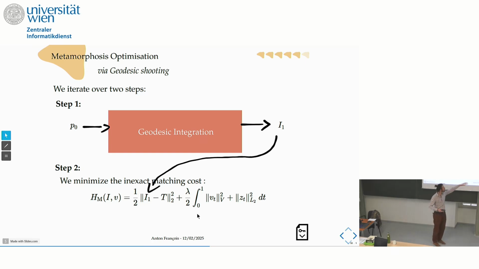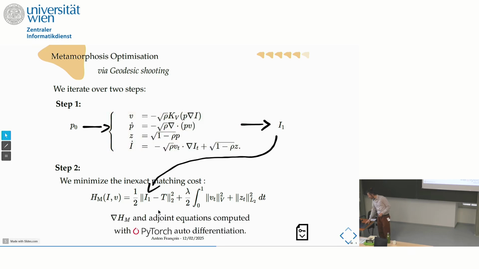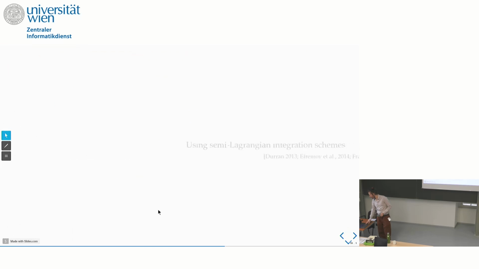So here E1, here I put the SSD, and then integrate over this thing. So we have here a regularization cost, and here the data cost. The gradient is automatically computed with PyTorch and its auto differentiation.